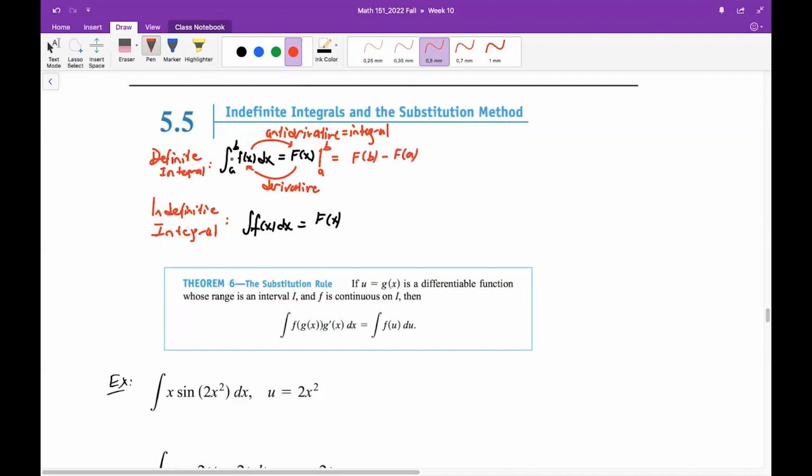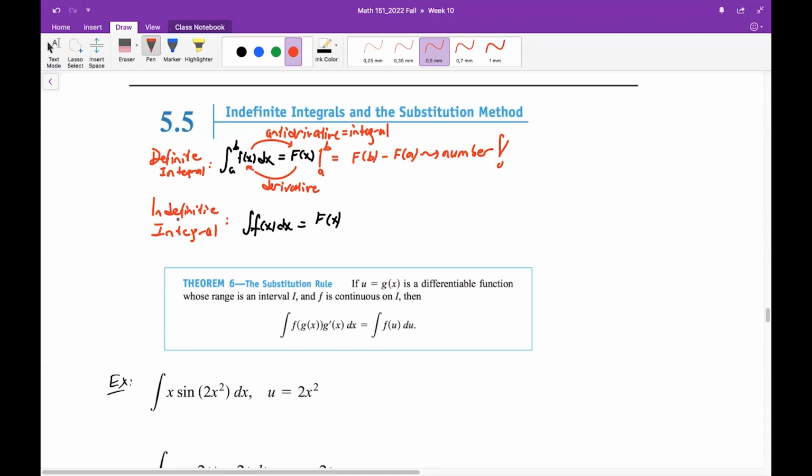So the result of the definite integral is a number. Don't forget this. You will find a number as the result of your definite integral, which is the antiderivative function evaluated at upper-lower bounds like this, so it becomes a number.